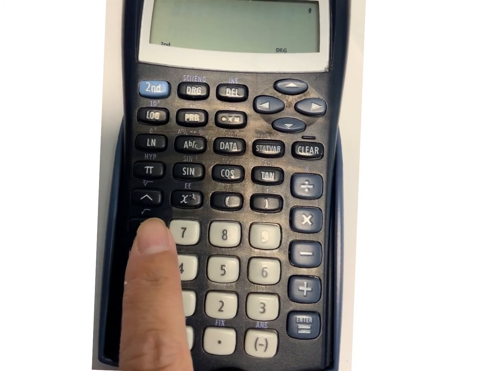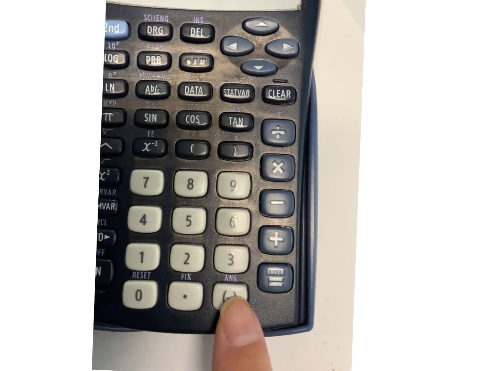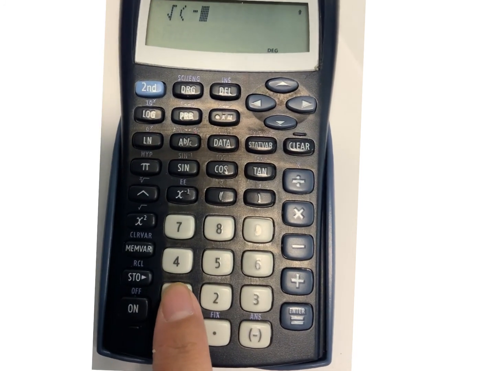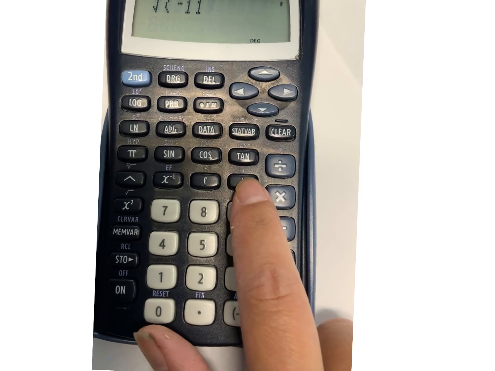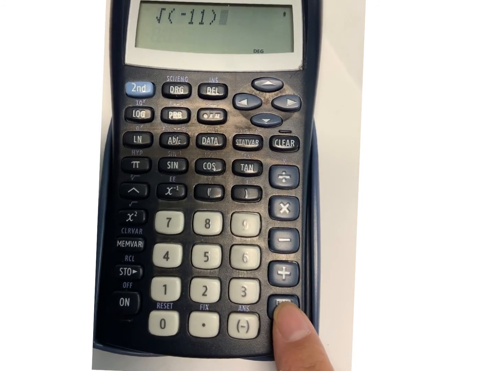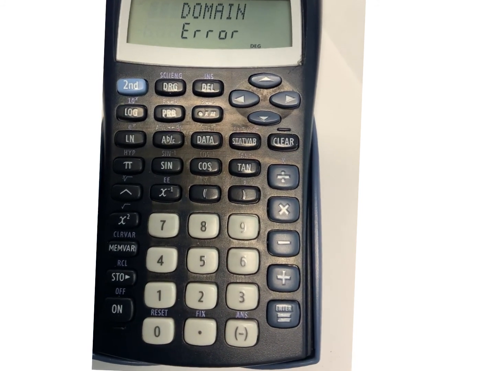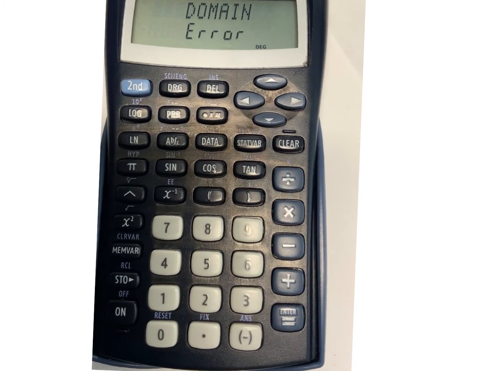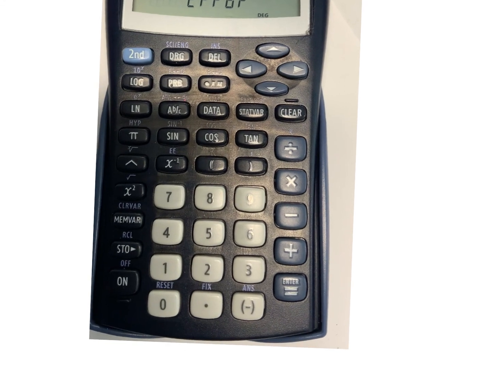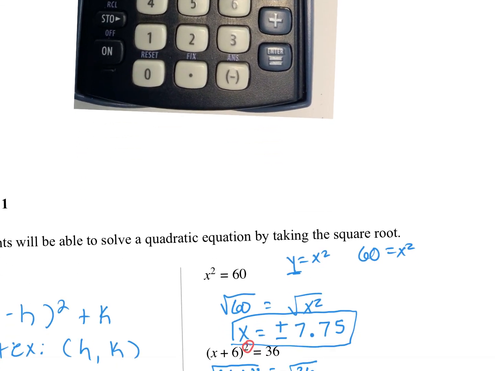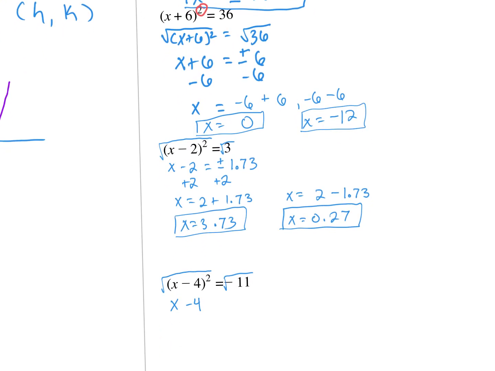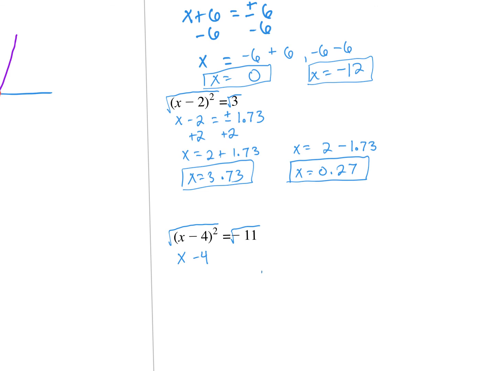Second, square root, and then negative 11 in parentheses, press equal, and notice it says domain error. That means that is not a valid answer. Since we cannot take a square root of a negative number, this is no solution.